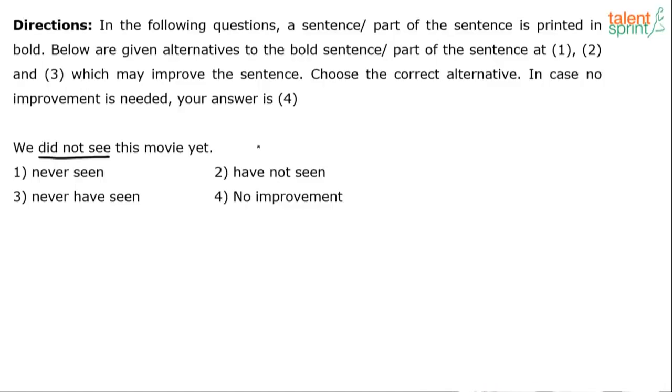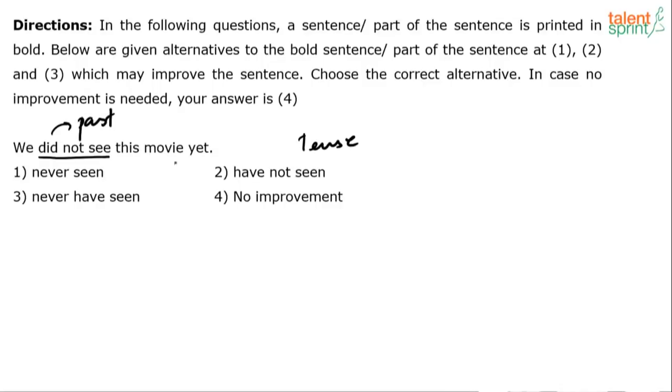I hope all of you are very well versed with tenses, because most of the questions are related to tenses. It is a very common question type in error spotting as well as sentence improvement. Okay, so we did not see this movie yet. This is talking about a past action.